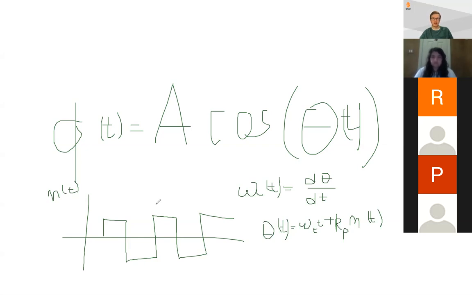So you would have a pulse of height 2 going up, and then the next one would be a pulse going down. From here, this is an instantaneous change from 1 to -1, so in zero amount of time.